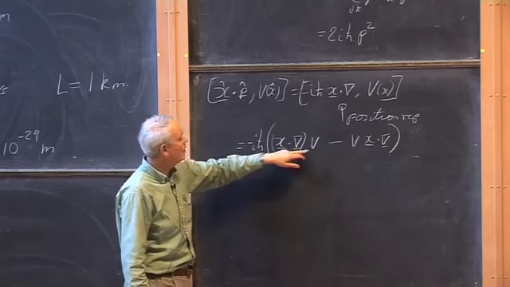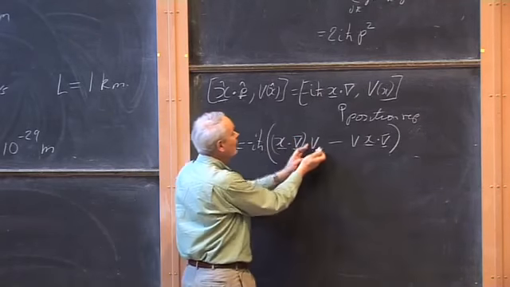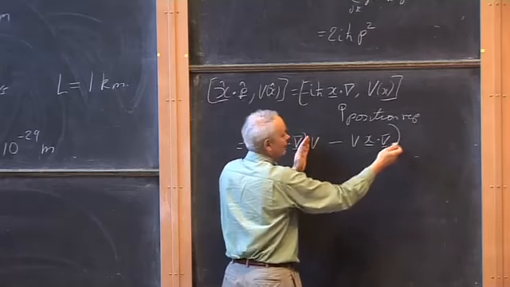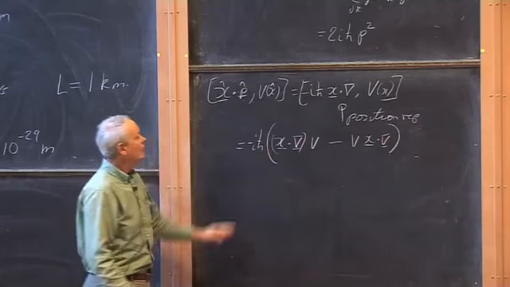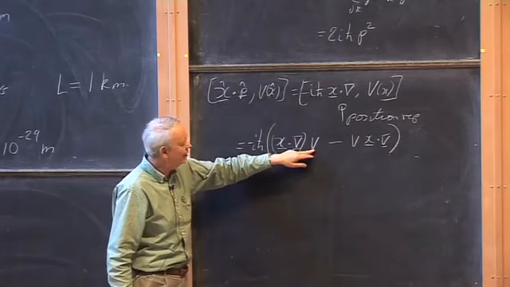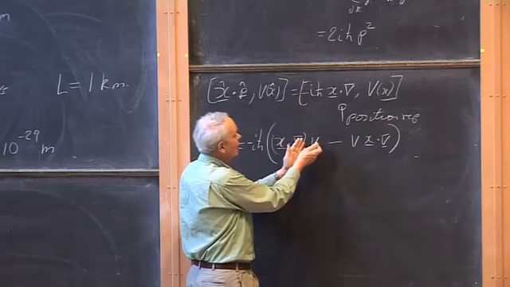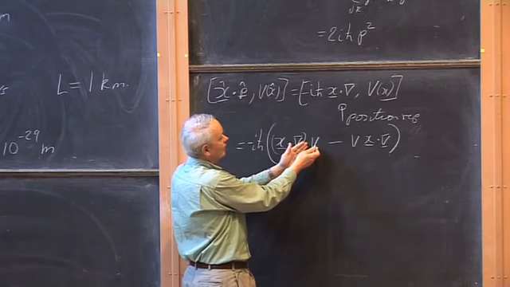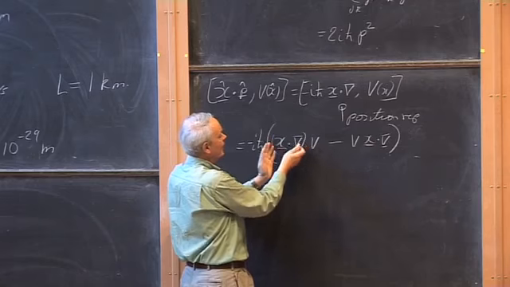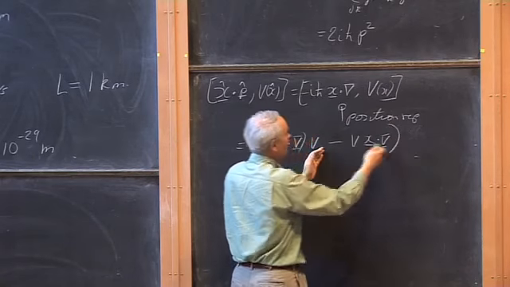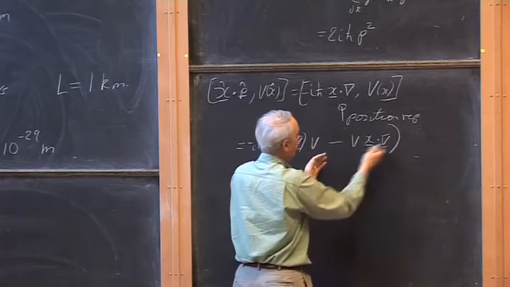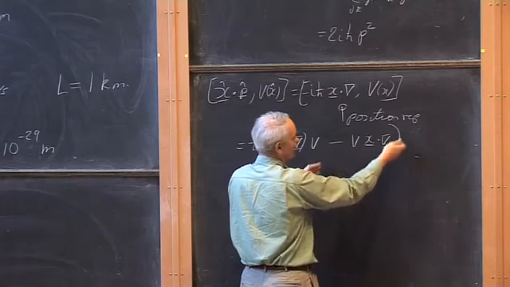And this x dot gradient v doesn't mean x dot gradient only v, it means of everything that is to the right of it, including your psi. So when you use this x dot gradient on v alone, you'll get a term, and then you will still have to use the x dot gradient on the psi, but the result of using the x dot gradient on the psi will be killed by the other term.